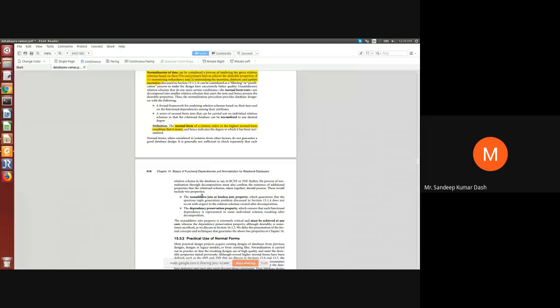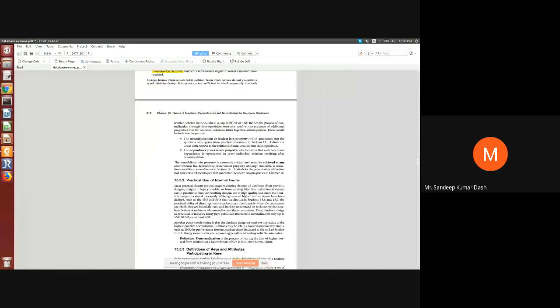So the basic aim or the main aim of normalization is that every database or every relation that you are designing should be conforming to these four rules. That's it. Okay. In the process you will also find these two properties come up: non-additive join or lossless join property and dependency preservation property. You will see that for attaining normalization, suppose a relation is given that is not in proper form.